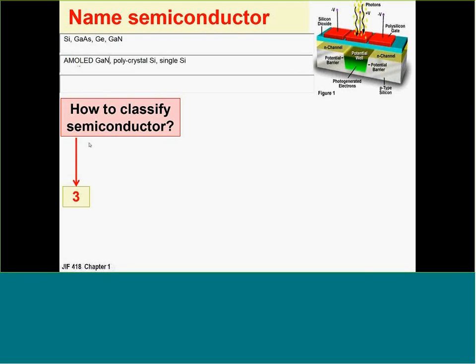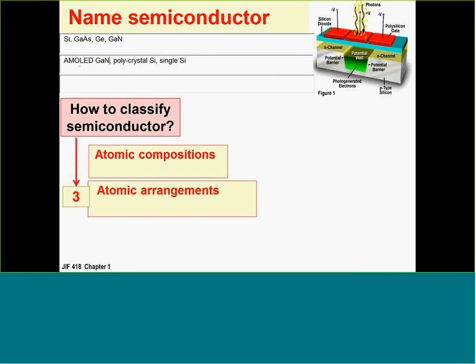So let me reiterate. There are three ways for you to classify a semiconductor: based on the atomic composition, based on the atomic arrangement, and also based on the energy band structure.